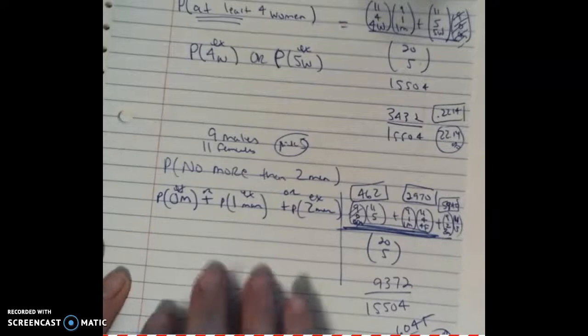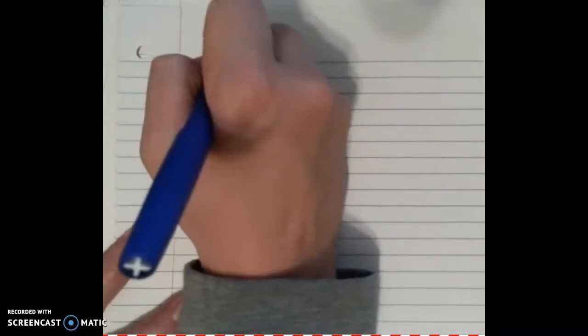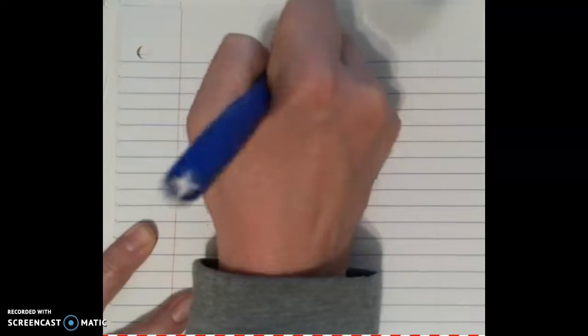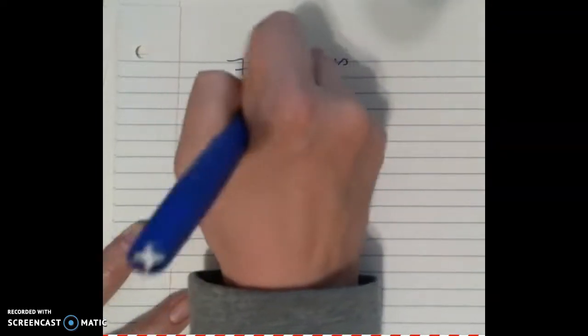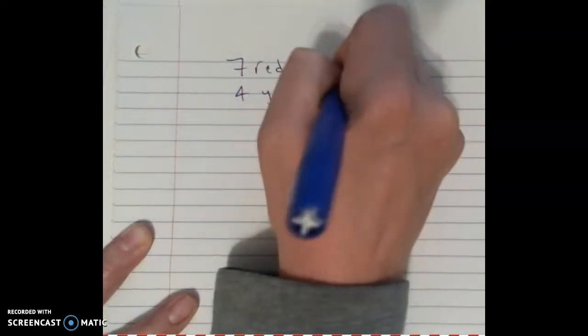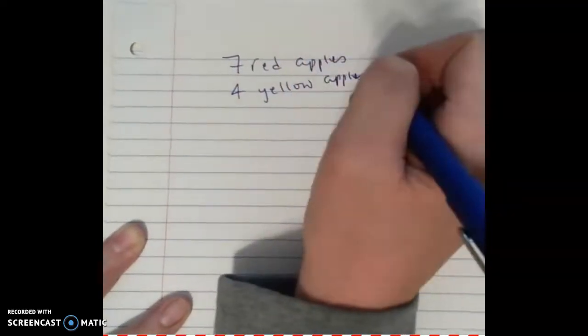Okay, so what I want you guys to turn in to me is I'm going to give you this problem. And this is going to be part of what you turn into Blackboard. So I have 7 red apples, and I have 4 yellow apples. And oh, well, there you go.